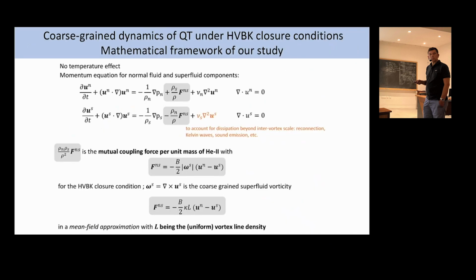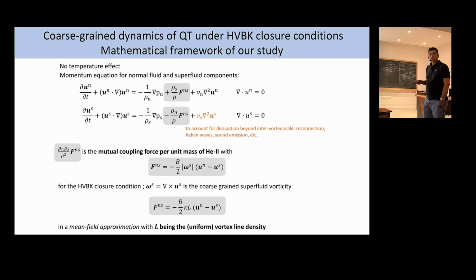Okay, so to clarify the equations we will use. There is no temperature effect. For the normal fluid, we have the Navier-Stokes equations in incompressible conditions, then the coupling force. For the superfluid, we will use the Navier-Stokes equations by assuming that the subgrid scale dissipation process can be modeled by a kinematic viscosity. And here we have the coupling force, and it's incompressible also.